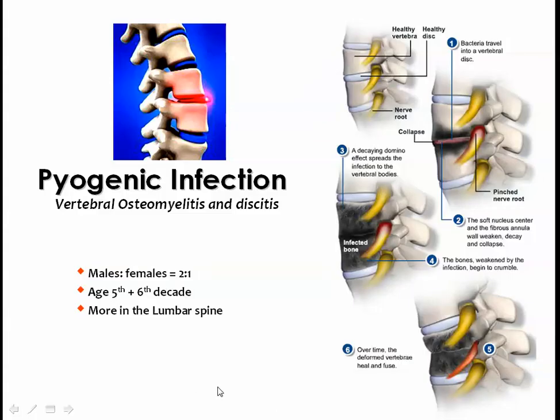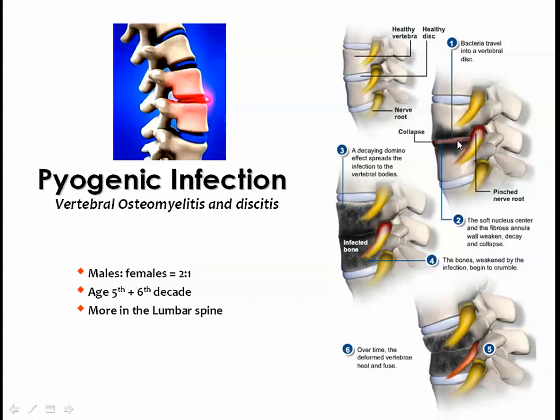Then disc space infection can be due to pyogenic organisms and other causes, as I have explained in detail in the lecture of spinal infection. But in cases of postoperative spine, you get sometimes pyogenic infection at the level of surgery, and this will be similar to the pyogenic infection without surgery.